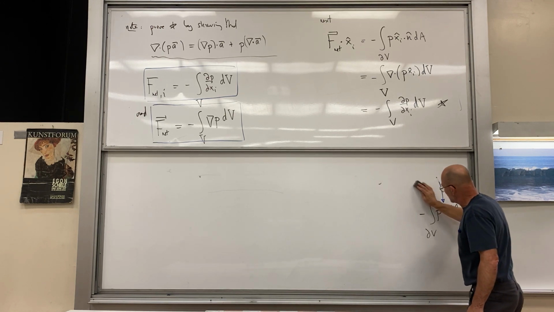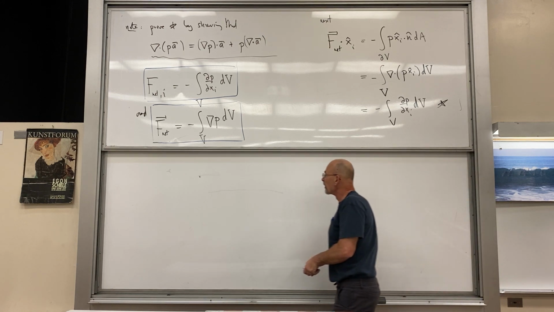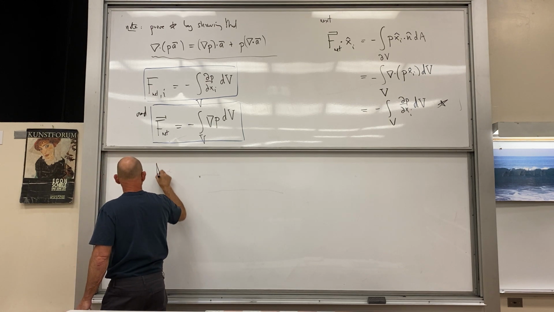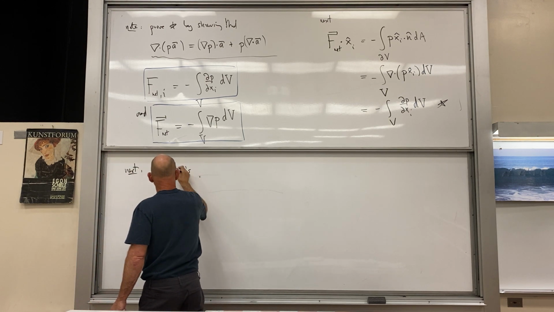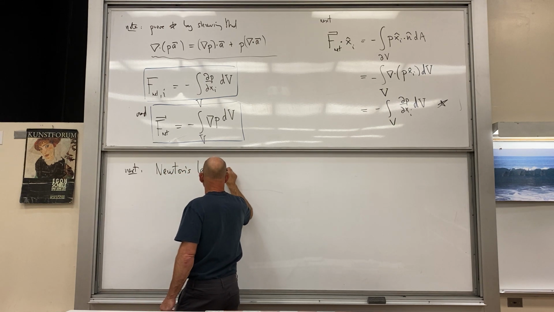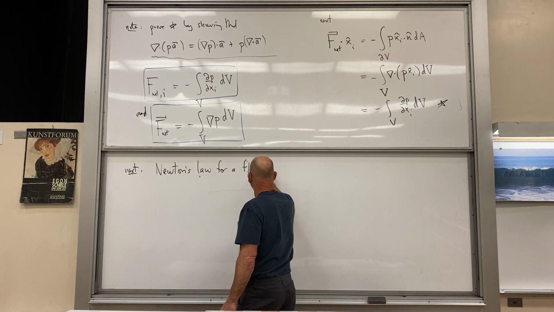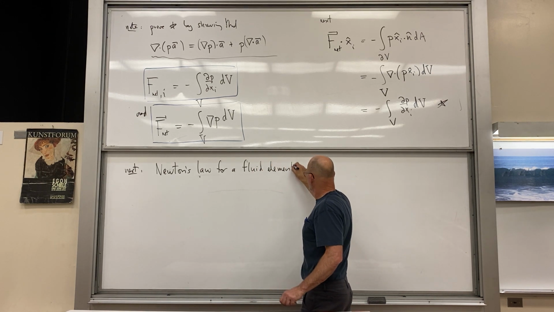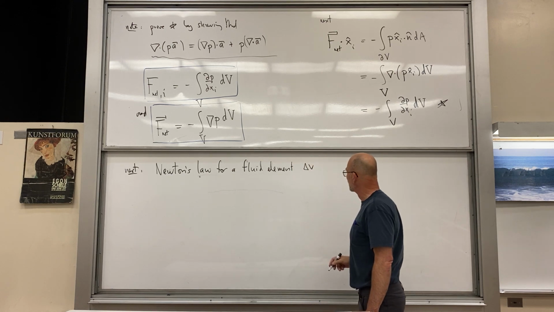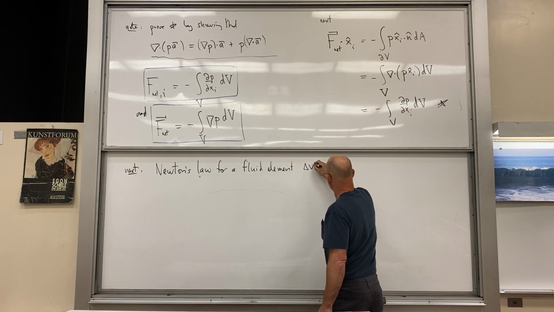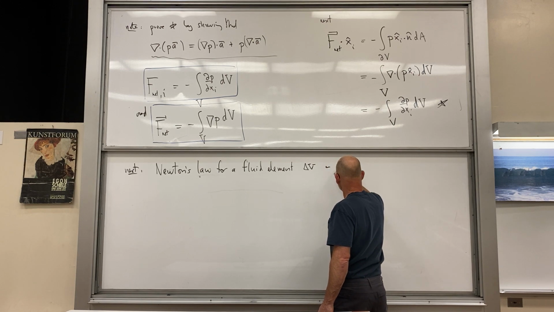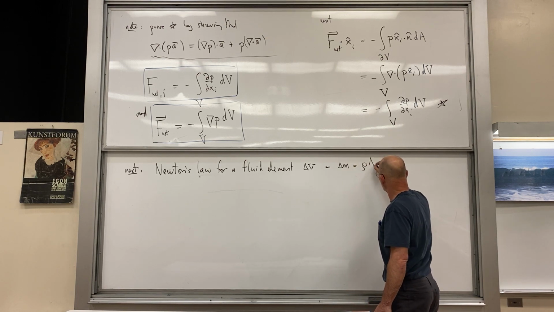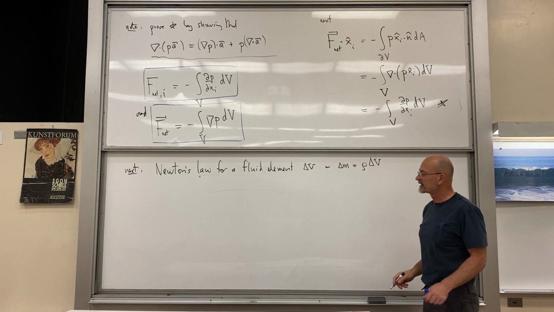And we'll call this Newton's law for a fluid element. Element delta volume, so delta M, that's our fluid element, would be rho delta V.